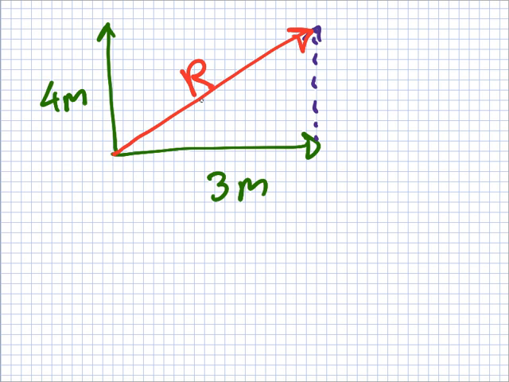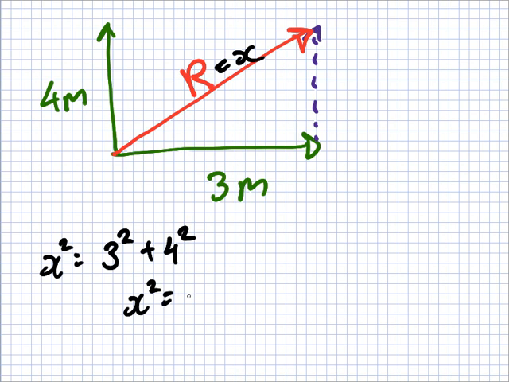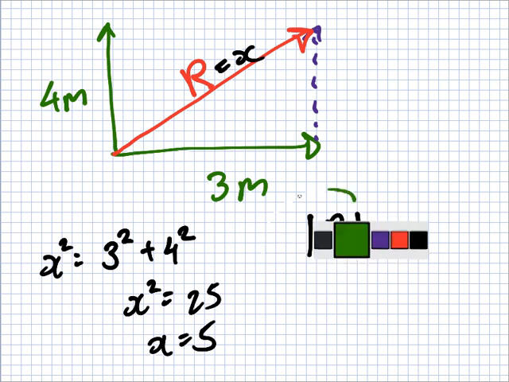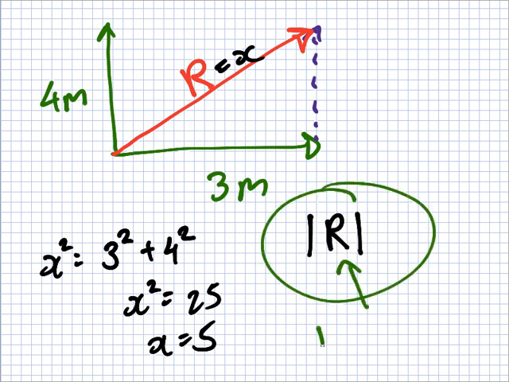3 squared plus 4 squared. And let's just call this x. So you have x squared equals 3 squared plus 4 squared. So x squared equals 25. So x equals 5. This symbol here, when you put the lines around it, means magnitude.